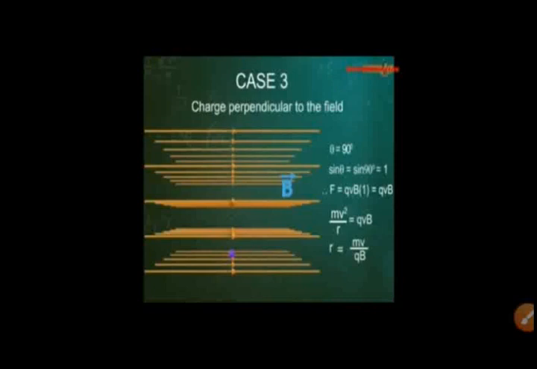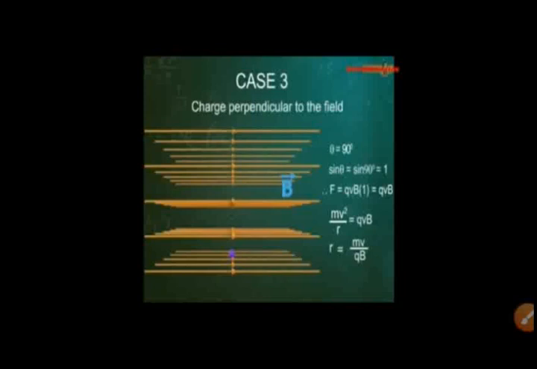And next, let us consider the third case where charge is moving perpendicular to the field. Here, the magnetic field is towards right and the charged particle is moving upward direction. That is, the angle between velocity and the magnetic field, it is 90 degree.